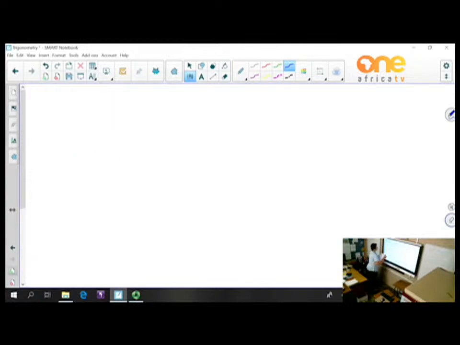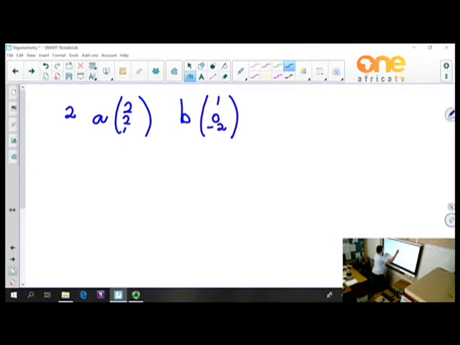Right, the next one is question 2. A is the vector 2, 2, 1, so it's a 3-dimensional one. B is 1, 0, negative 2. And C is 4, negative 5, 2. So there's my column vectors in there.